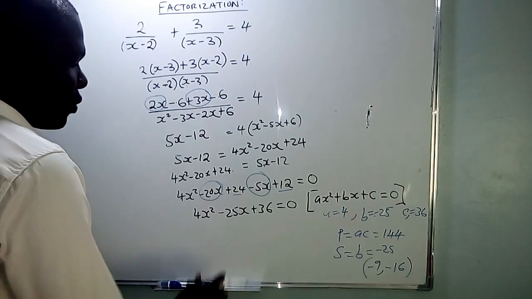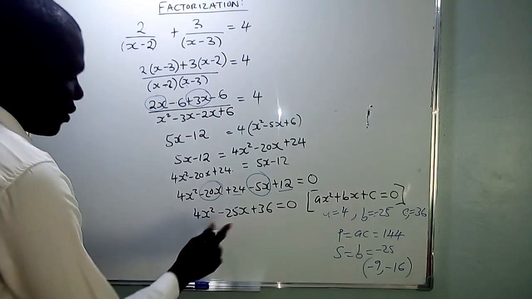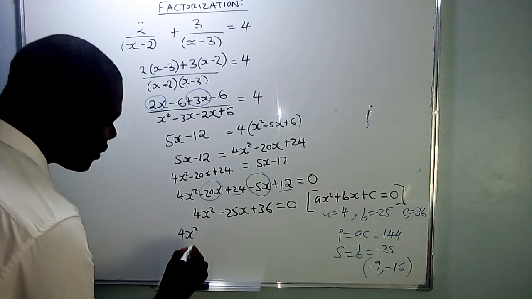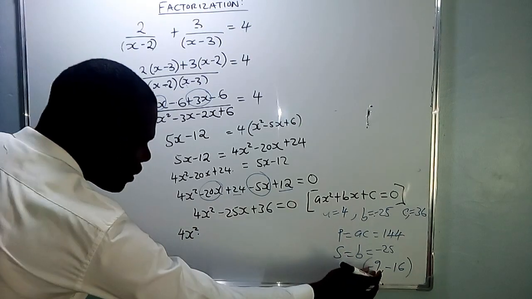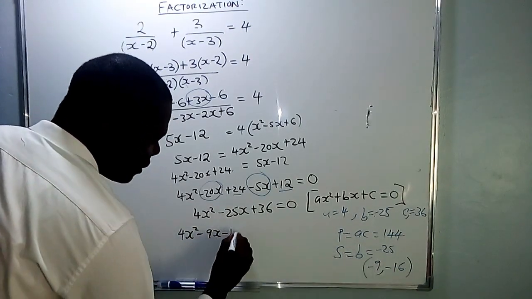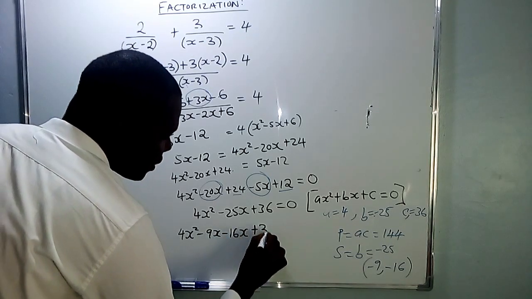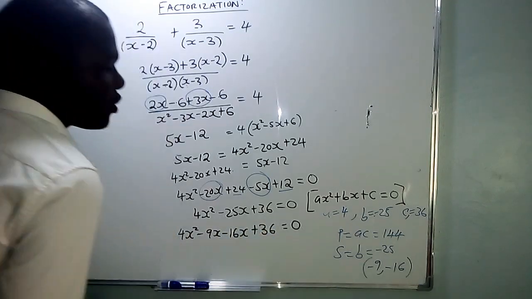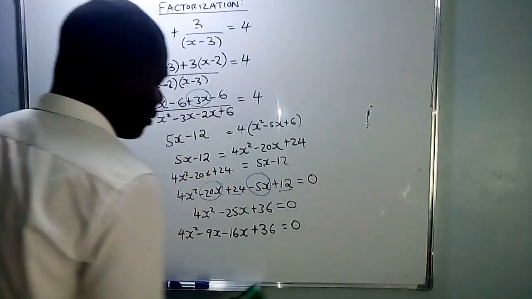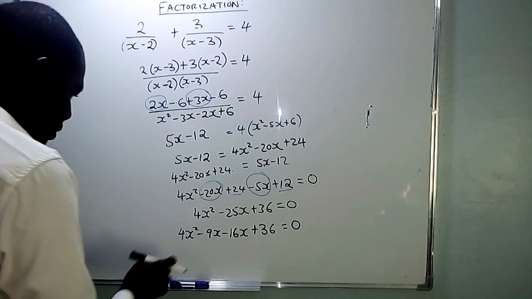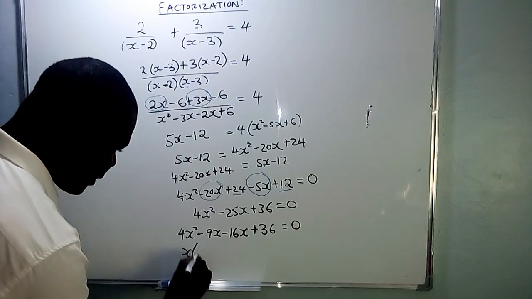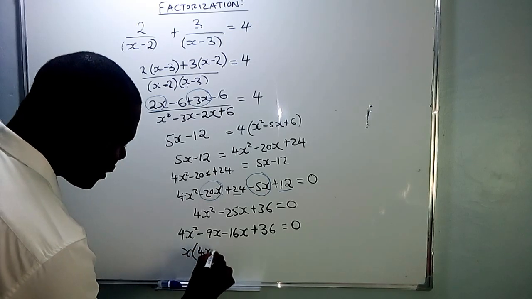So our equation, which is 4x squared minus 25x plus 36 equal to 0, is going to be what? It is going to be 4x squared, then the first one is minus 9x, then the next one is minus 16x, then the end plus 36 is equal to 0. Then you factorize out a common factor, isn't it? In the first two terms, the common factor is x. If you factorize out x, you remain with 4x minus 9.